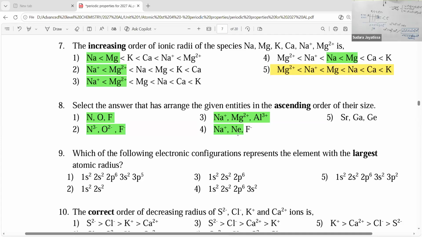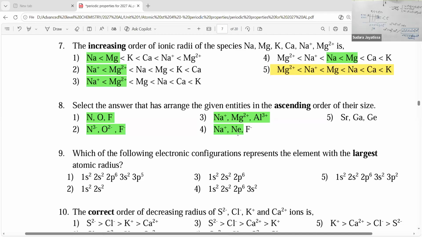Strontium, gallium, germanium. Where are these elements? Go to the periodic table and see. Gallium and germanium are in the period above strontium, so it's not the ascending order. That is also wrong. There's no correct answer for this.